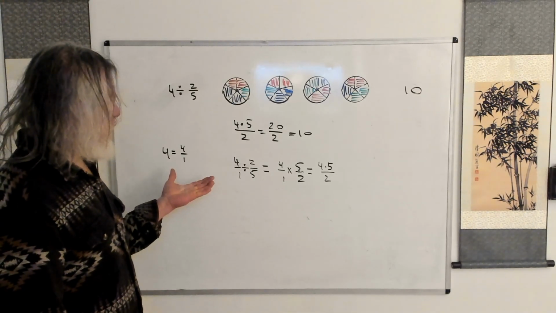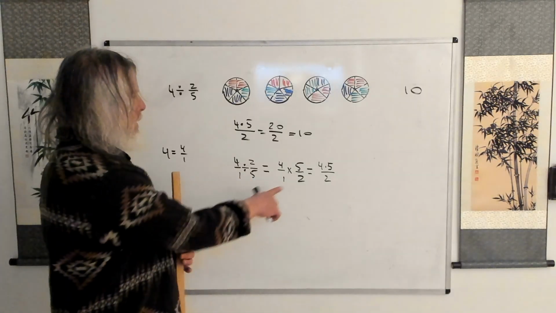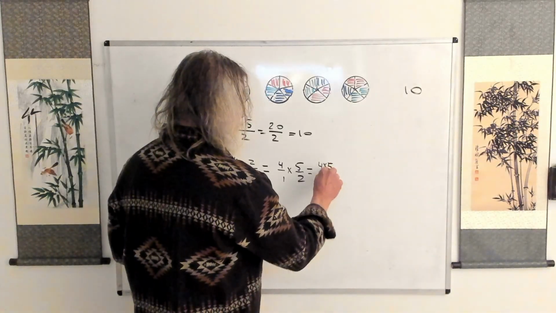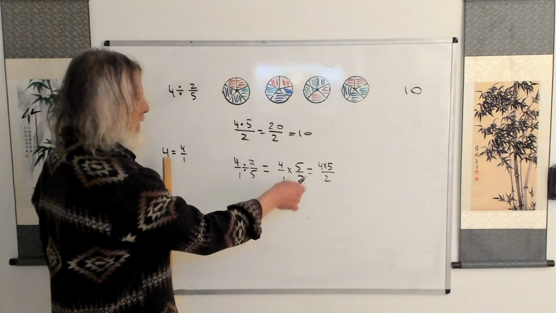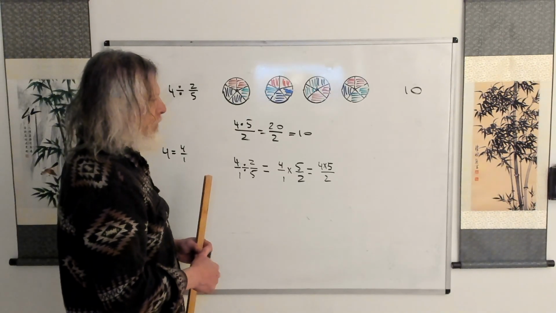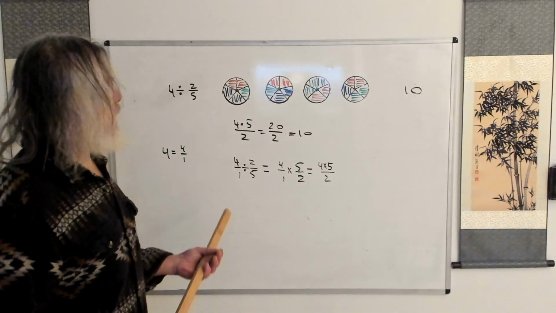So we see 4 divided by 2 fifths, it's like we're flipping and multiplying, because we need to multiply the 4 by the 5 and then divide by 2. Because 1 times 2 is 2. And so that's the idea. That's where it comes from.